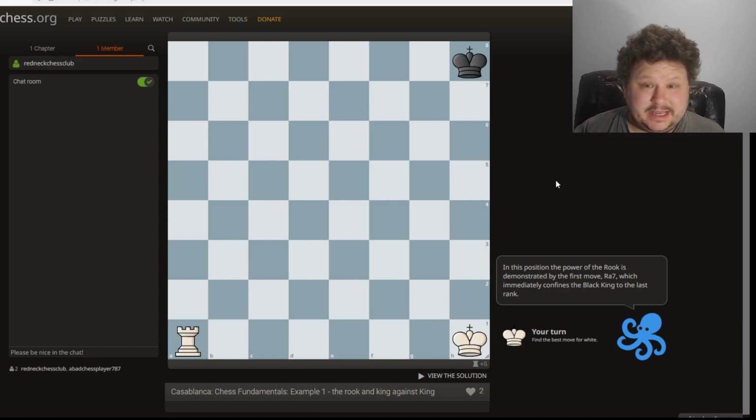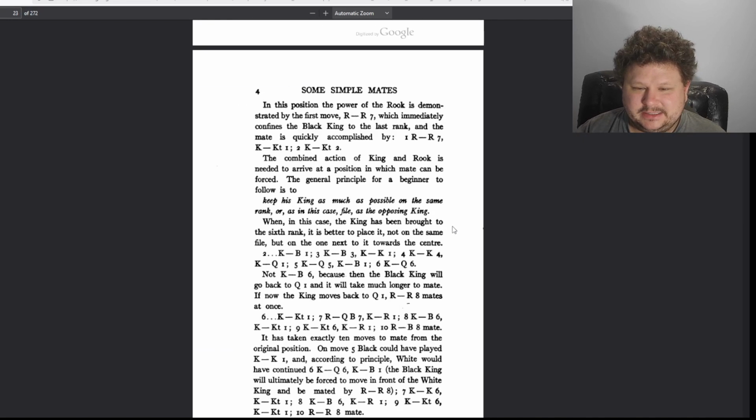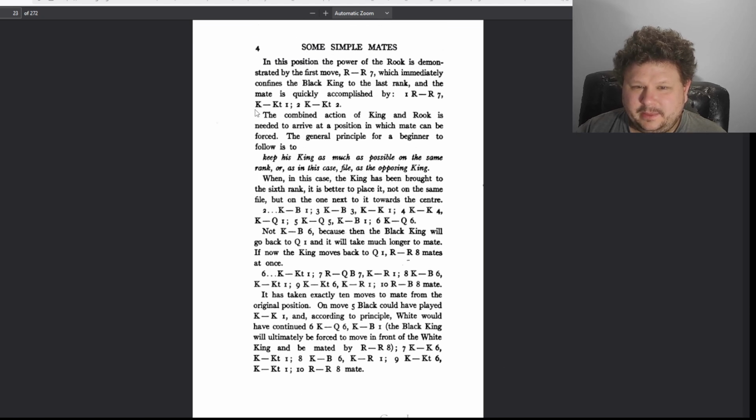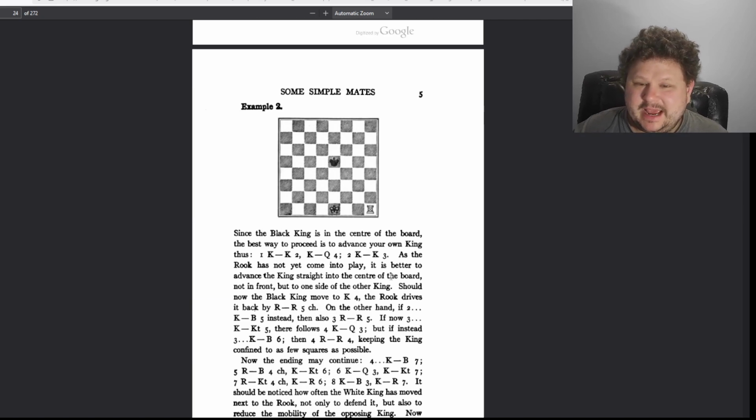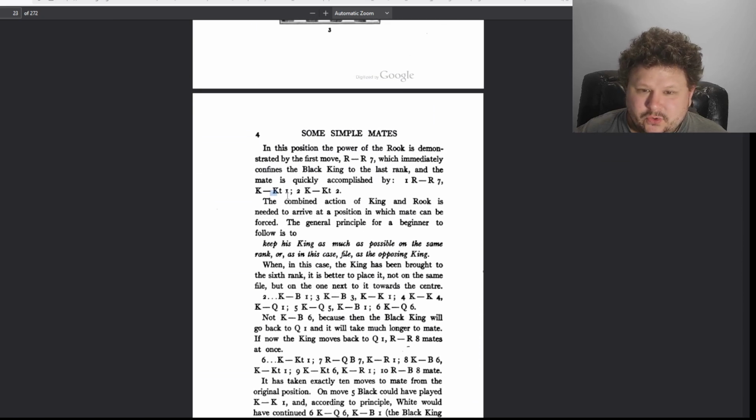Anyway, this is the first example. This also takes a lot of work, because look at this book. Look at the notation: K hyphen KT1. This took me forever to decipher. What this means is king to king's knight 1. When he lays these out, he's not saying king to G3 or whatever.